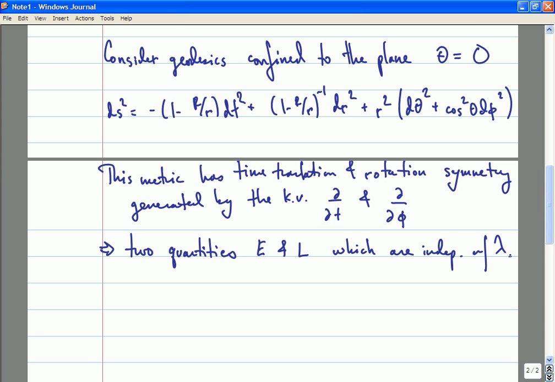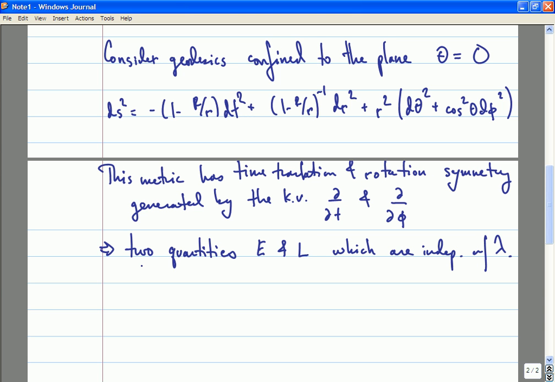So associated to the geodesic, which is given by these four coordinates x mu of lambda, we can construct conserved quantities associated with the Killing vectors that are conserved as a function of lambda.